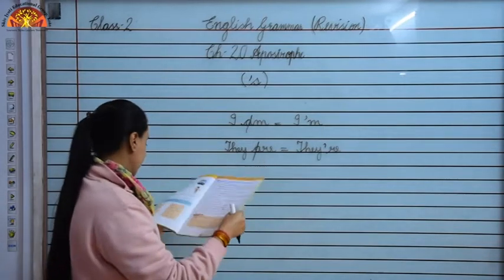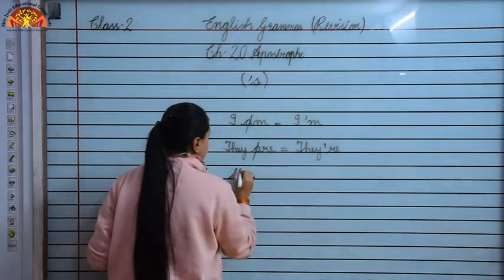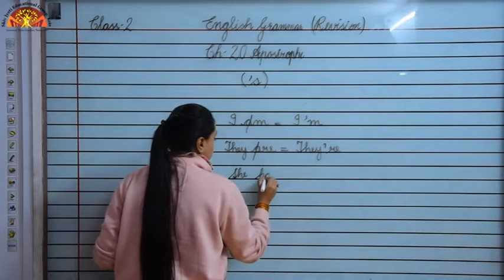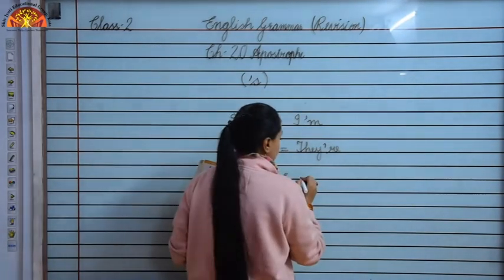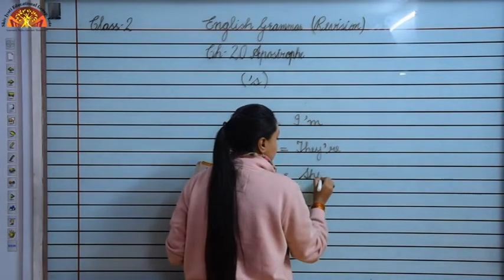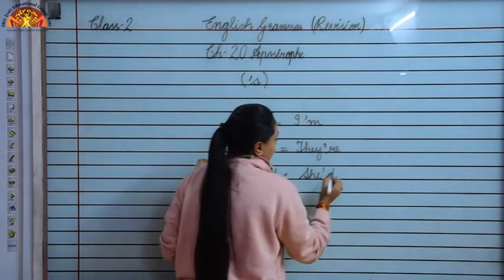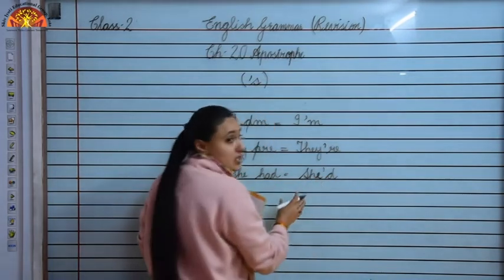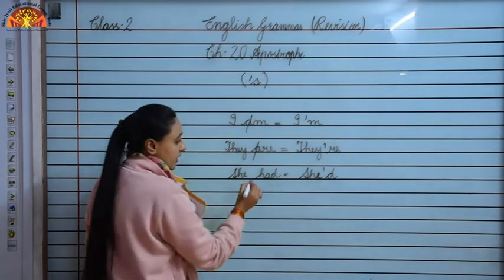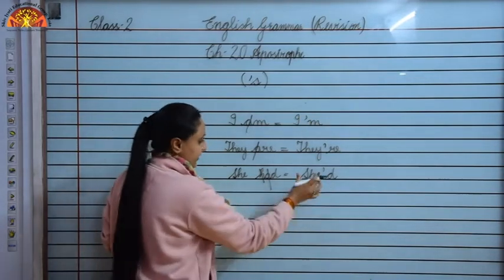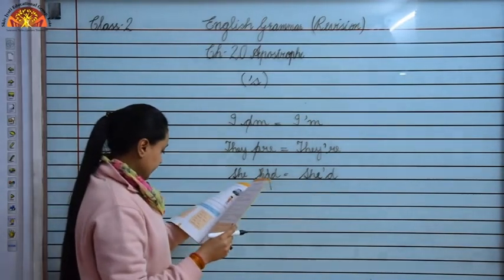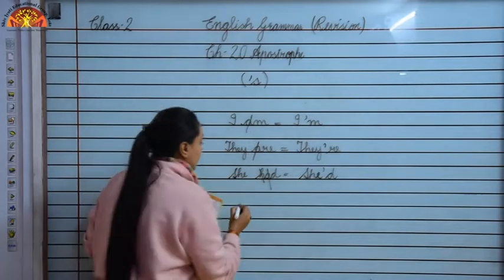Now children, look here. She had. So how can I write she had? She apostrophe d, and I will read it as she had. Here I have omitted h and a. Look at one more.